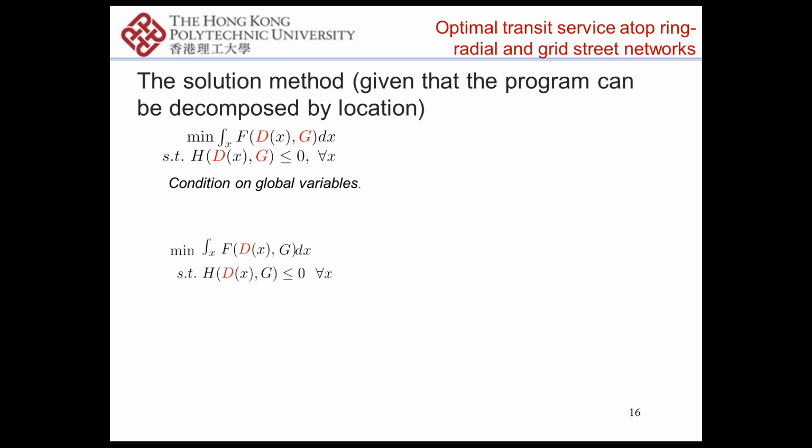the objective function only for the location-specific function dx. And this entire program can be decomposed by the location x. That means equivalently, we can take off the integral sign, and we only need to minimize the location-specific objective function f for every location x.